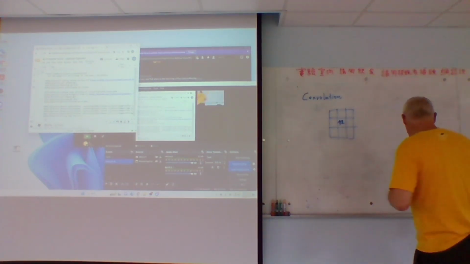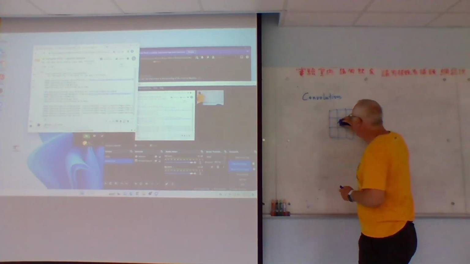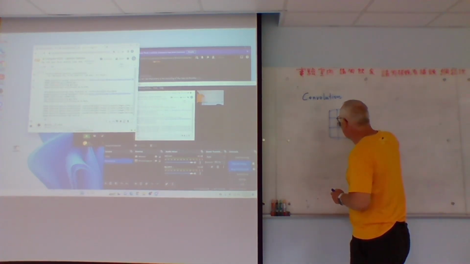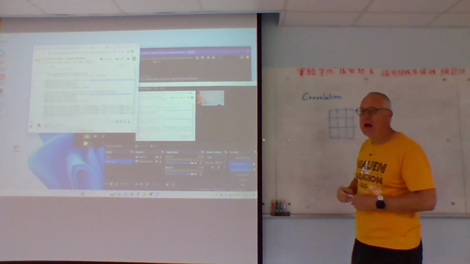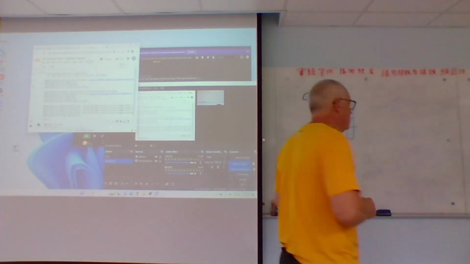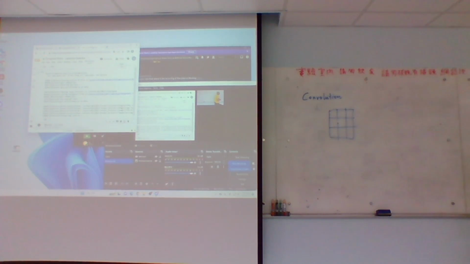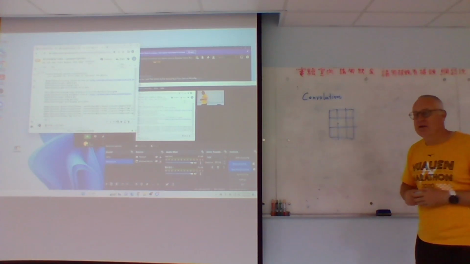We can use it to blur images, we can use it to sharpen images, we can detect different patterns in the image, things like letters, like the shape for the letter A, I can scan through. If you know the font, then you can go through and find all the letter A's in your document, things like that.